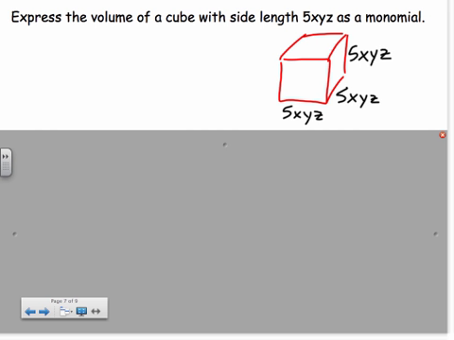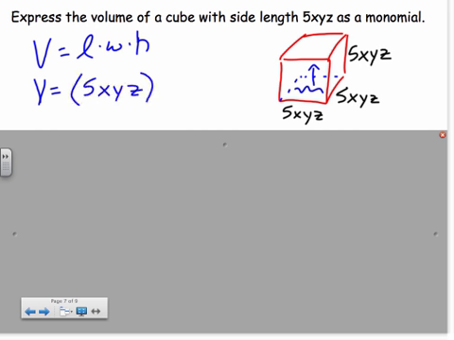And hopefully by this time, we've known that the volume of a cube or a rectangular prism is the length times the width times the height, right? The length times the width would fill up the area of the bottom here, times the height would fill up the rest of my cube going up. So it's really length times width times height. And they're all the same, aren't they? So I could write 5xyz times 5xyz times 5xyz. But to simplify that, I could just say 5xyz to the third power, right?